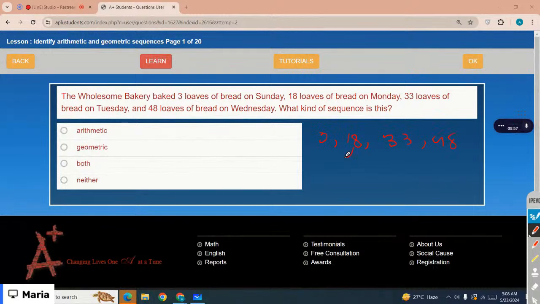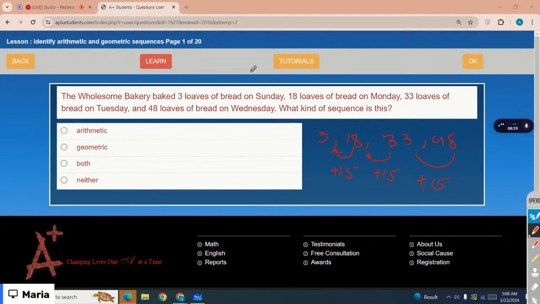So 18 minus 3 is 15, or you can say 3 plus 15 is 18, right? 18 plus 15 is 33, and 33 plus 15 is 48, right?